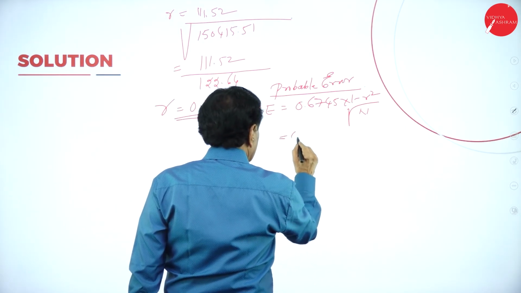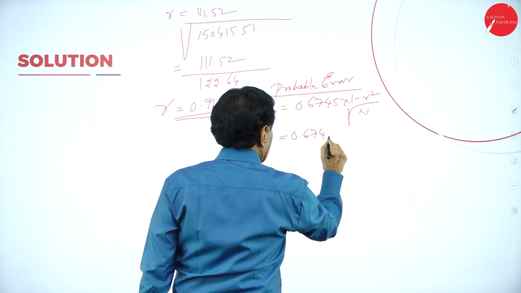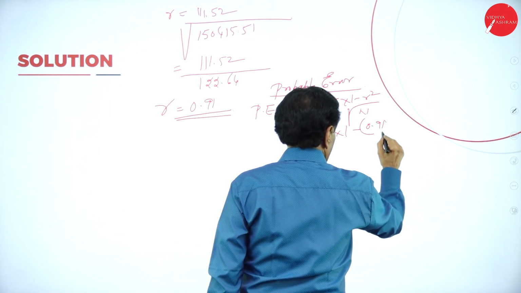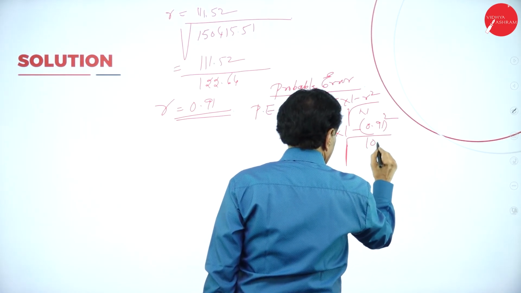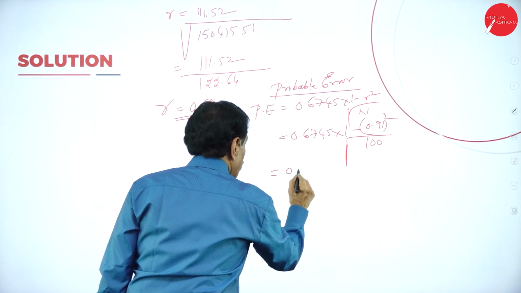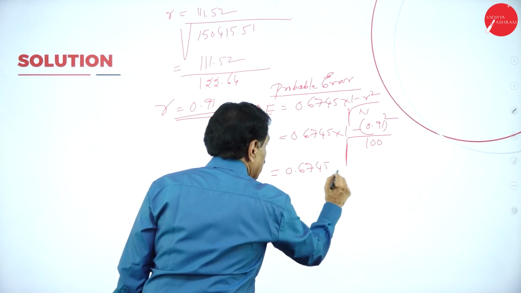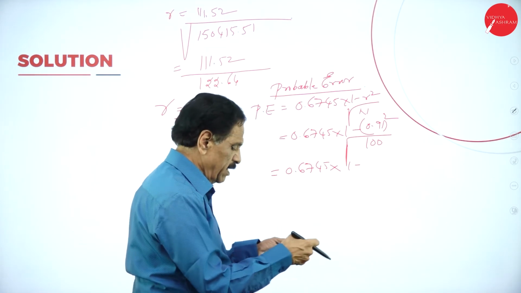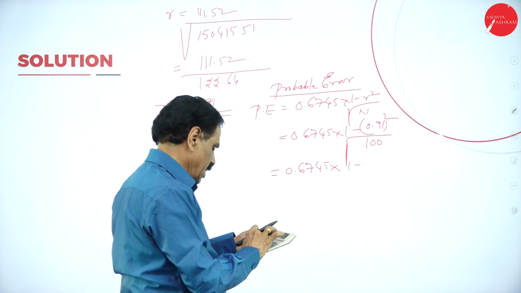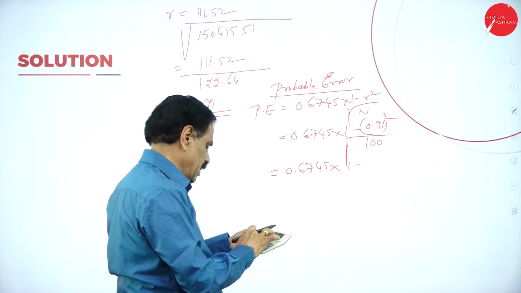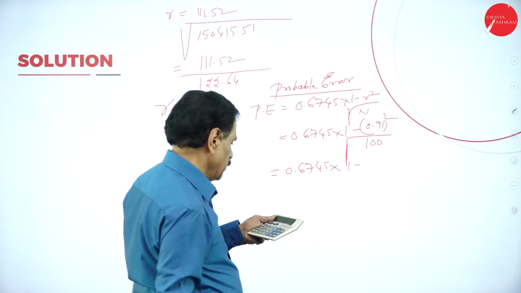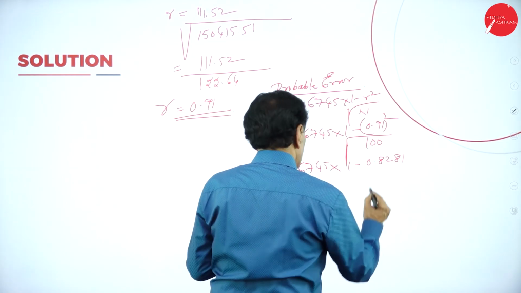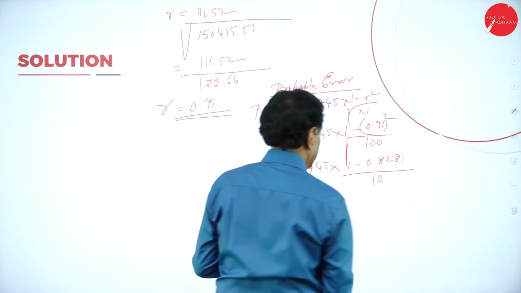It is 0.6745 into 1 minus 0.91 whole square, root of 100. 0.91 into 0.91 is 0.8281. Root of 100 is 10.